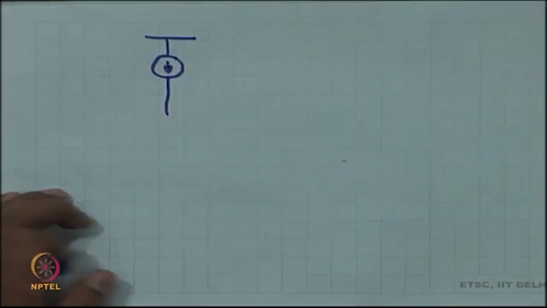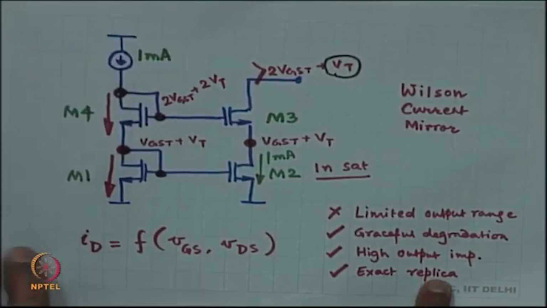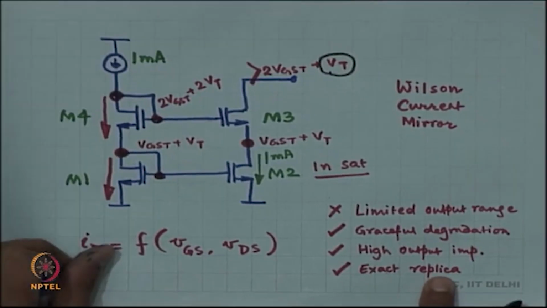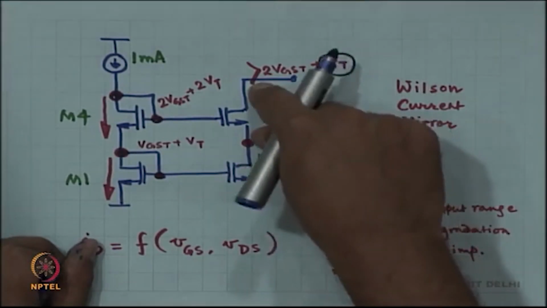However, we are going to be unable to carry on with this exact replica criteria. It is no longer going to be an exact replica, because this is now going to become 0.2, this is 0.2.